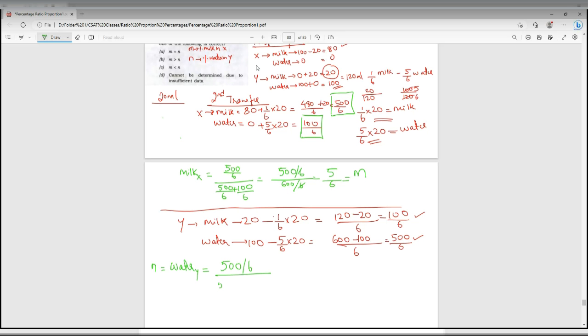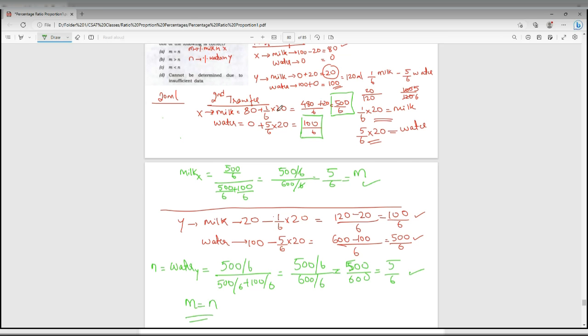Milk is 100/6, so 500/6 plus 100/6 is 600/6. So 500/6 divided by 600/6 is 500/600, which is 5/6. Now M is 5/6, N also is 5/6. That's why M is equal to N.